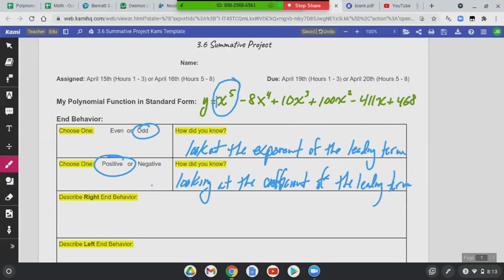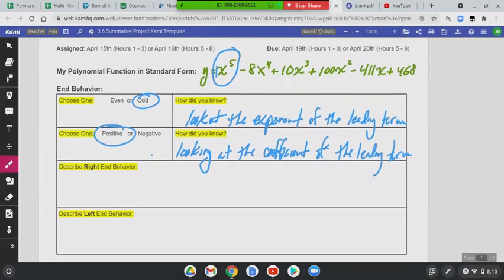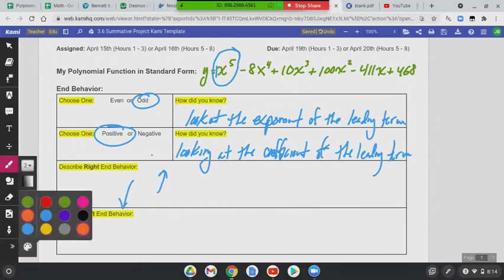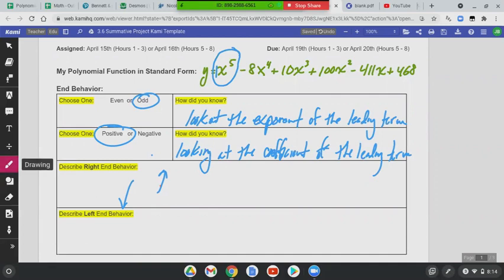Okay. So from that, we can describe our end behaviors. I always ask my students to do a little sketch. If it is a positive function, I know the right end behavior is always going to be going up. And because this is odd, that means that my left end behavior is going down. So from that, we can break this into its pieces. As x is going off to positive infinity, my values of y are going off to positive infinity.